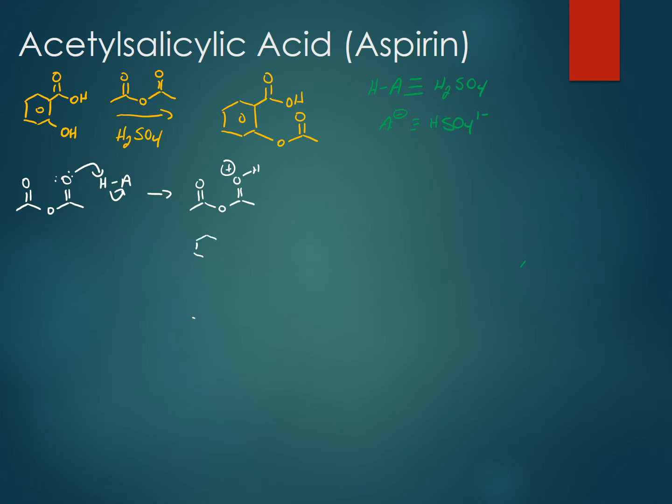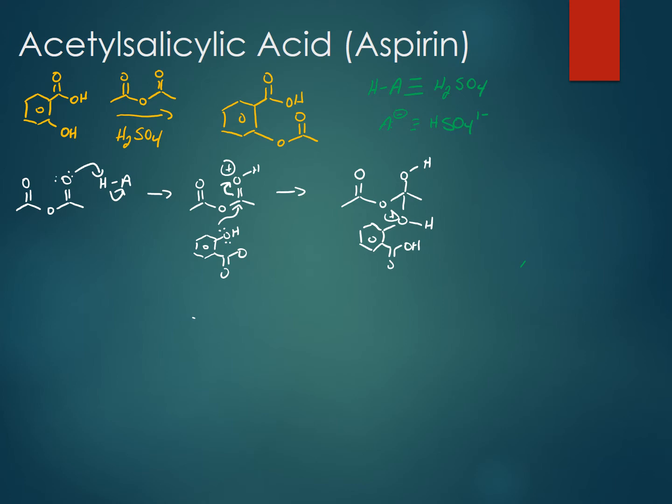The salicylic acid comes in, a lone pair hits the carbonyl carbon, and pops up the double bond. So we end up generating this species, with that plus charge there.